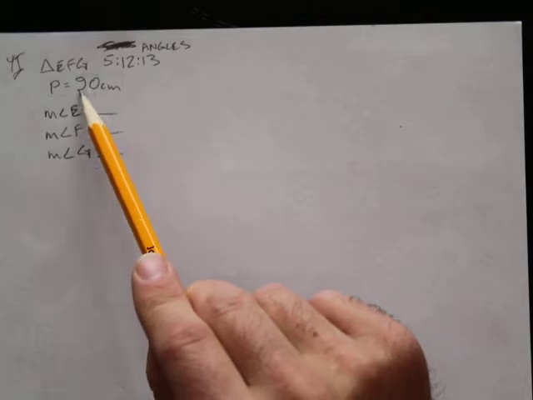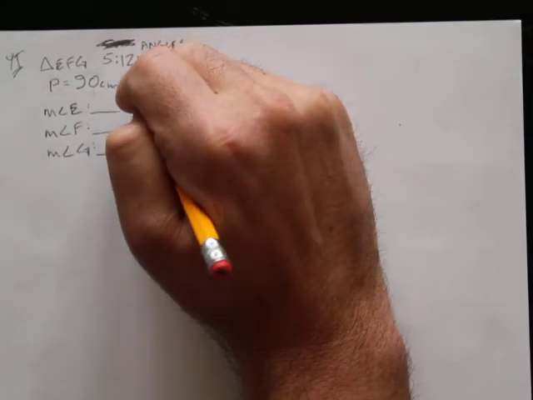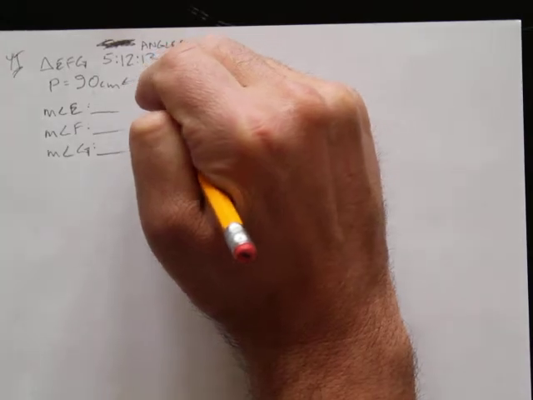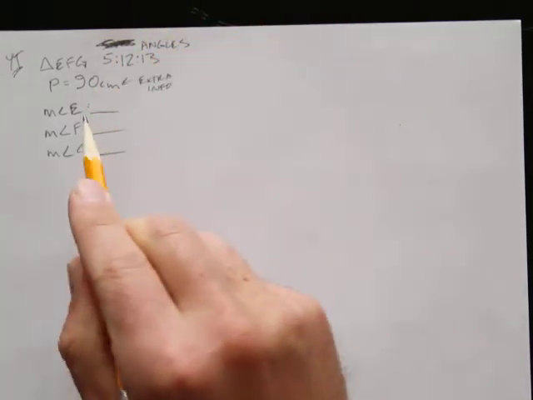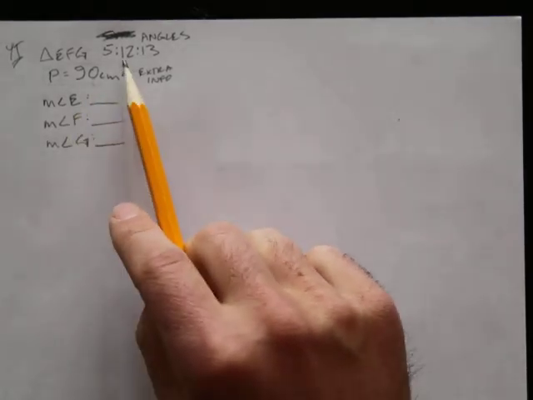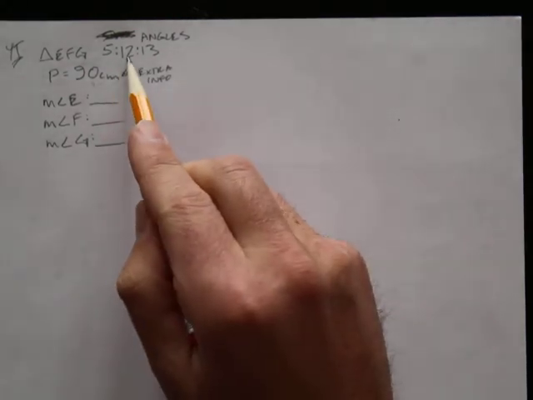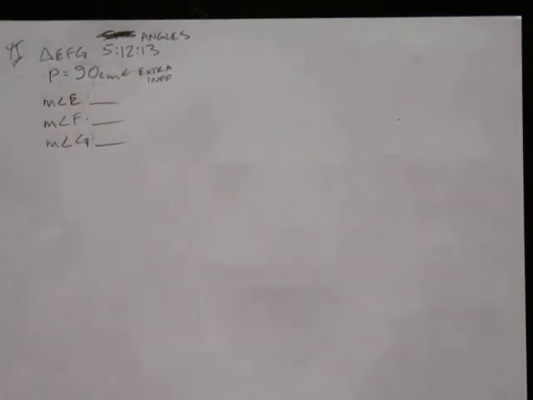So you can ignore this. This is extra information. So just ignore this perimeter equals 90 centimeters and find my angle measures. Remember, what is the sum of the interior angles of a triangle? It's 180 degrees. Okay, go do this one, go.